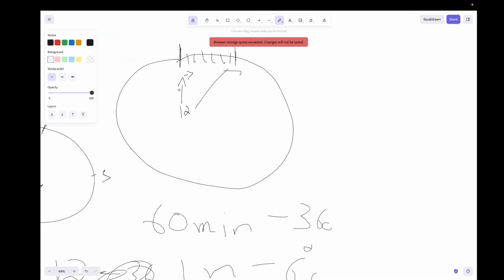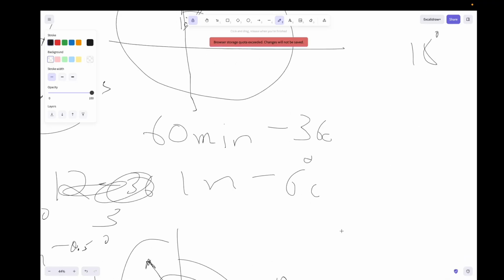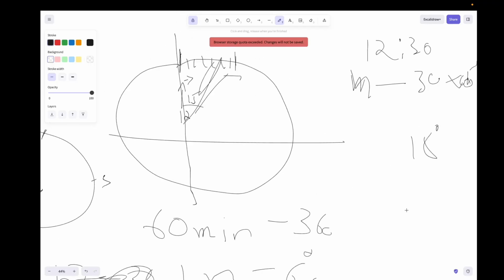So if I take this position at 12:30, our hour hand has made 30 times 0.5, that is a 15-degree change. So my hour hand has come here, 15 degrees, and my minute hand has made 30 times 6, 180.